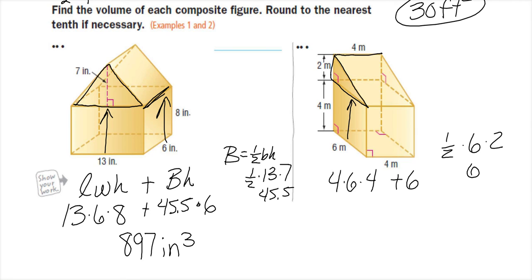It is 4. This 4 right here is my height. Okay, so 4 times 6 times 4 plus 6 times 4, 120. And that's meters cubed. I was hoping, since we were supposed to find volume, that it would be cubed. Okay, so 120 meters cubed.